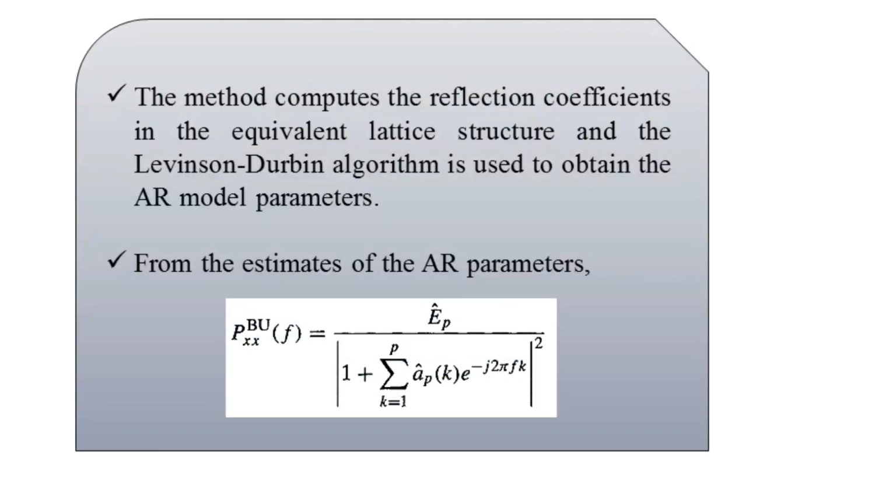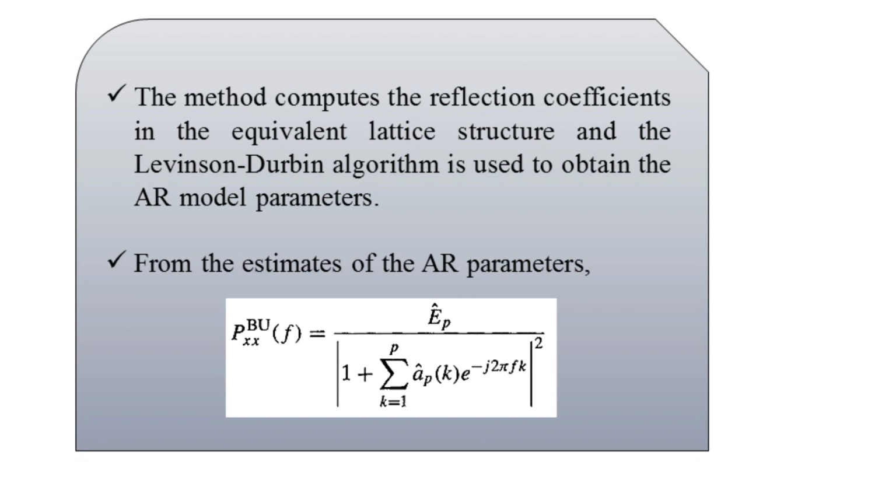While summarizing the methodology of this algorithm, it computes the reflection coefficient as shown in the previous equation in the equivalent lattice structure, and the Levinson-Durbin algorithm is utilized for obtaining the AR model parameters.